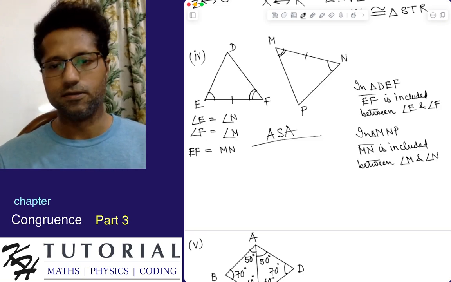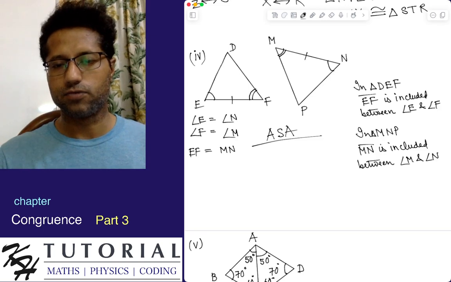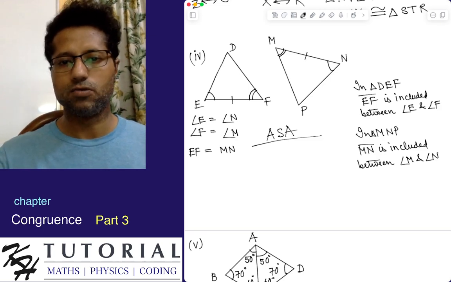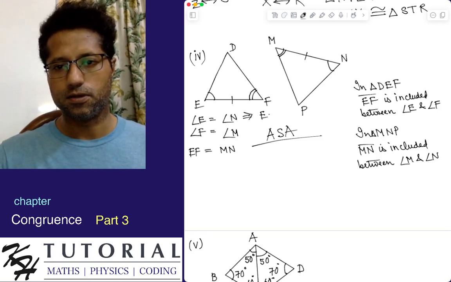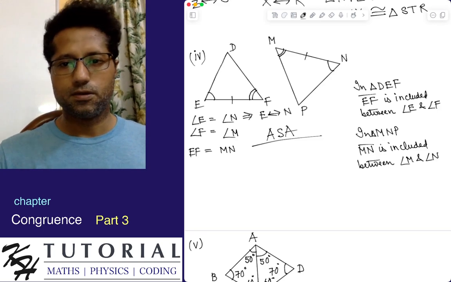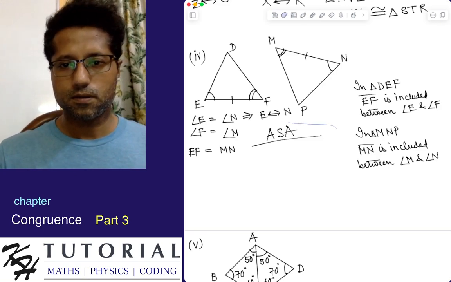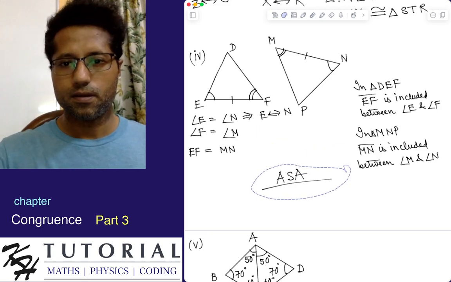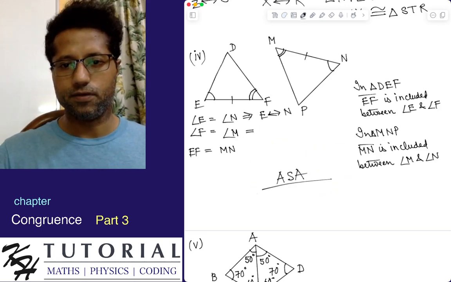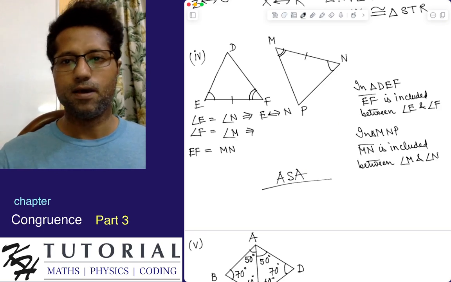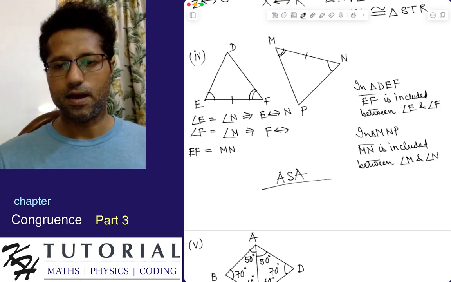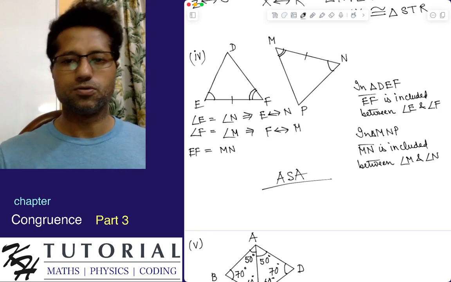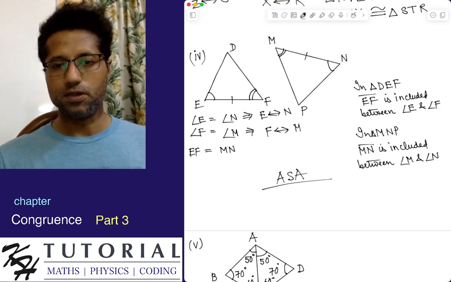Given two congruent triangles, if we know that angle E is equal to angle N, this implies that E has a correspondence with N. Similarly, angle F is equal to angle M, and the two triangles are congruent, so the vertex F has a correspondence with the vertex M. So we know the correspondence of two vertices.